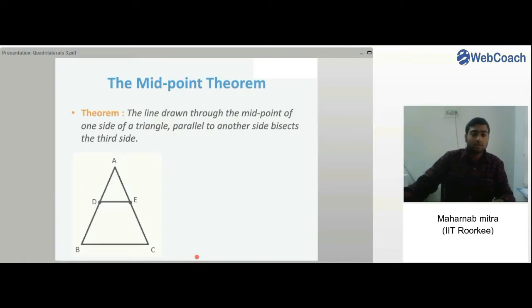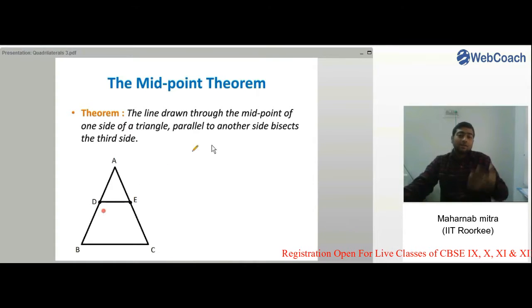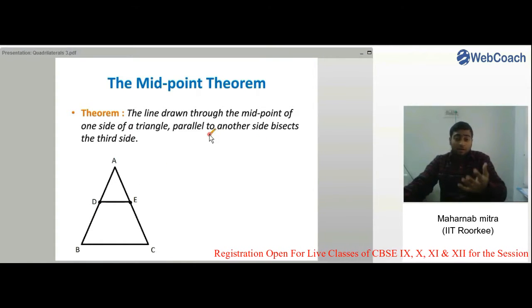So let us look at one more theorem, or rather the converse of what we have seen in the earlier slides. This theorem states: the line drawn through the midpoint of one side of the triangle parallel to the third side bisects the other side.